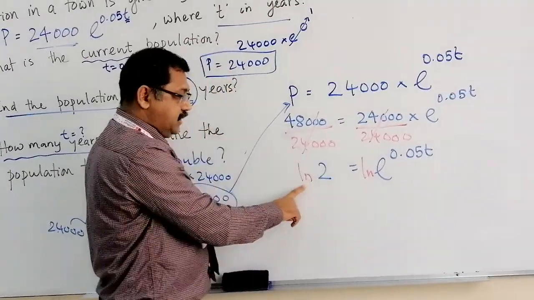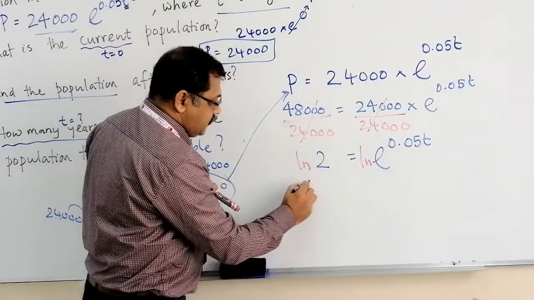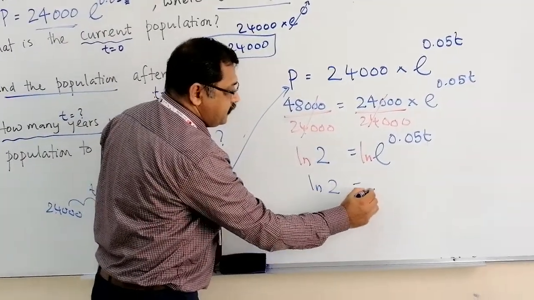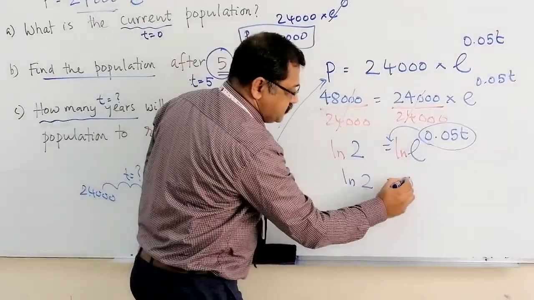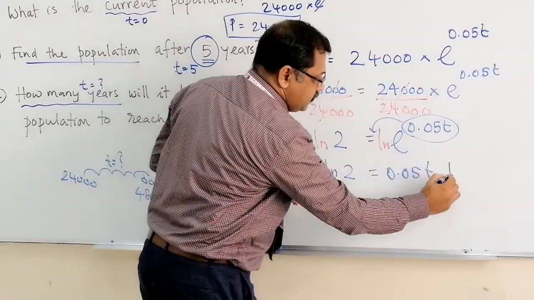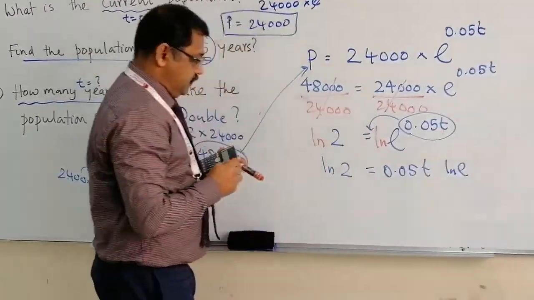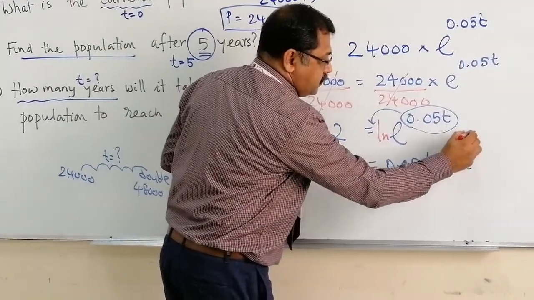That's why we are applying ln here. So ln 2 is, this is going to be multiplied here. So this is going to be 0.05t multiplied by ln e. As we discussed before, ln e becomes 1.